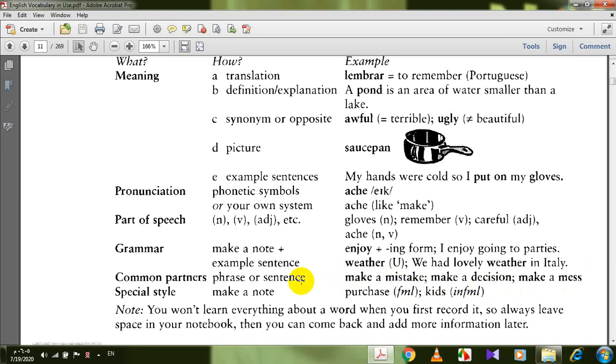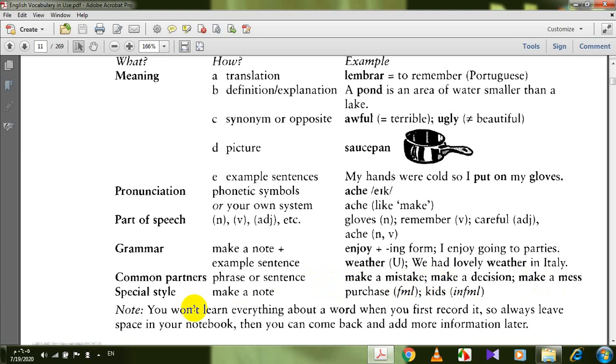So this is common partners or collocations. Words always collocate with each other. So the word make collocates with mistake: make a mistake, make a decision. We cannot say do a mistake. No, we cannot say make a party. We can say have a party, make a mistake, have a shower or take a shower.